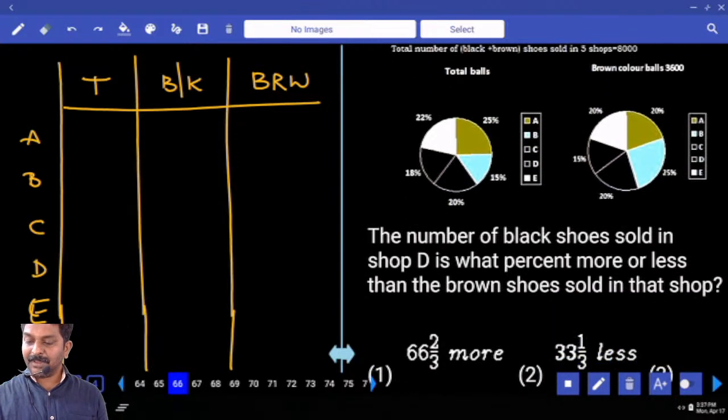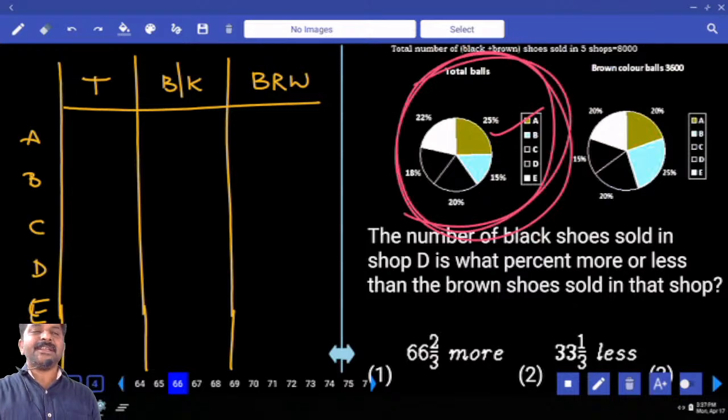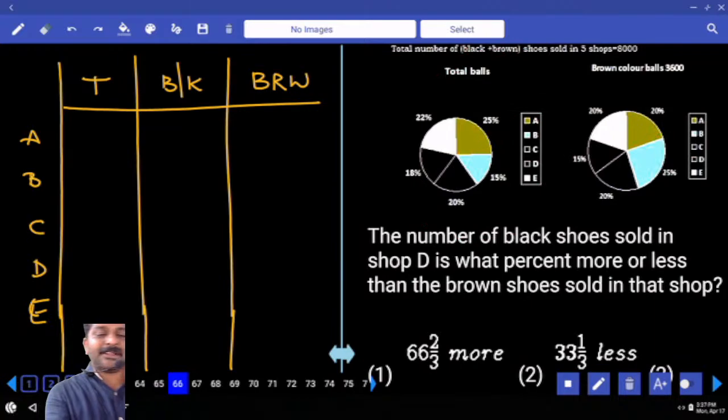All these percentages are calculated on 8,000. 25% of 8,000 is 2,000.